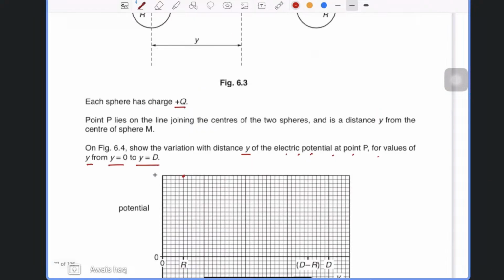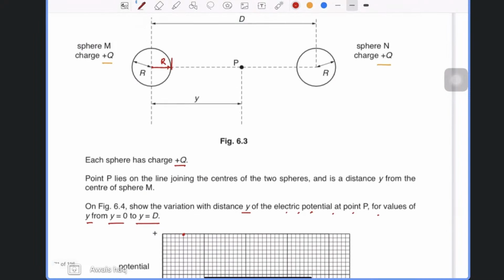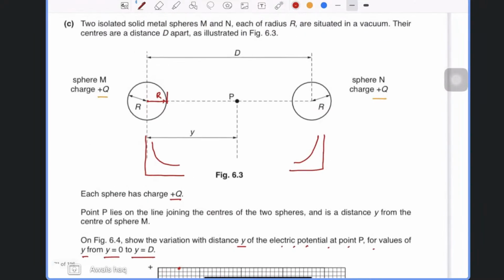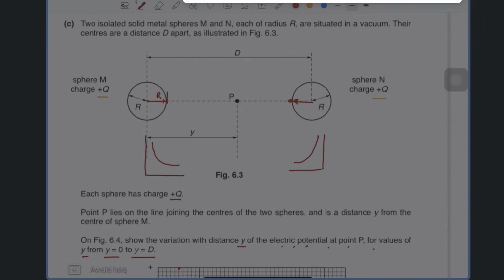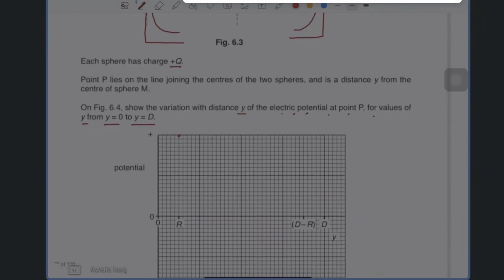Because we know that the potential graph for this one should be like this, and for this one it should be like this, the potential should increase. At this point, when you reach here, this should be d minus r. That's what they've written here.